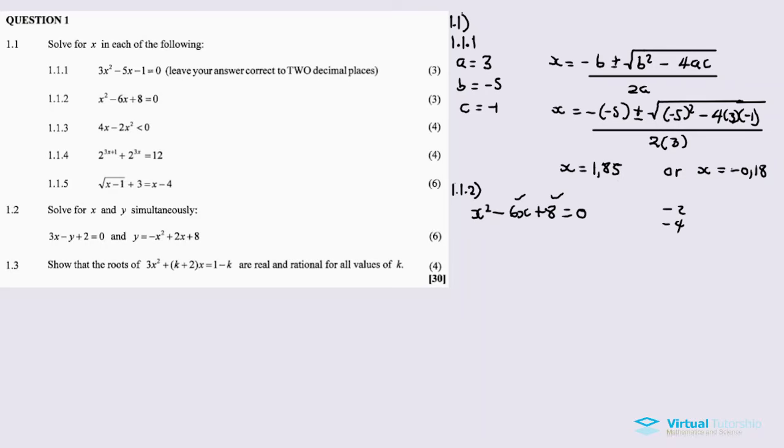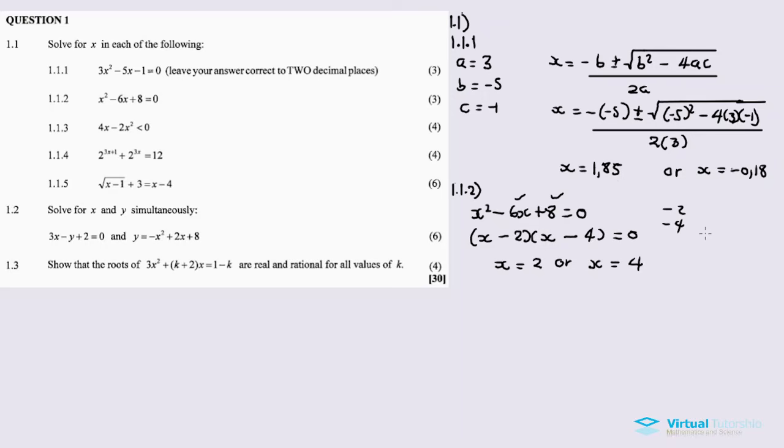So my factors are (x - 2)(x - 4), and my roots are x equals 2 or x equals 4, right? If you use the quadratic formula, you also get x equals 2 or x equals 4, but you have a formula and a substitution instead.